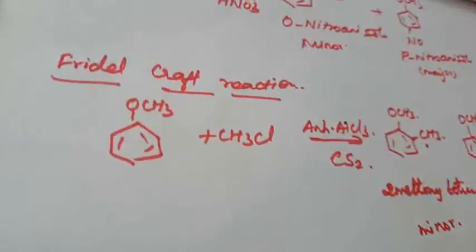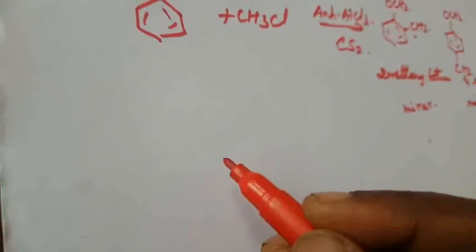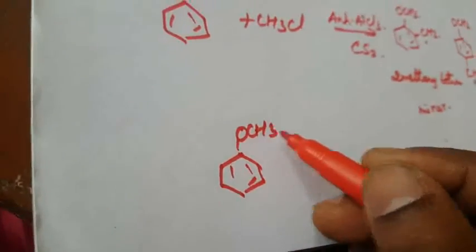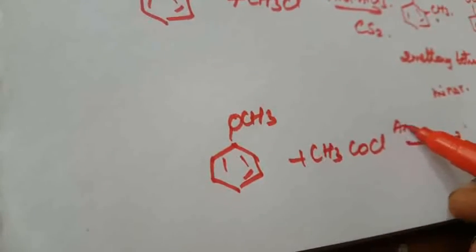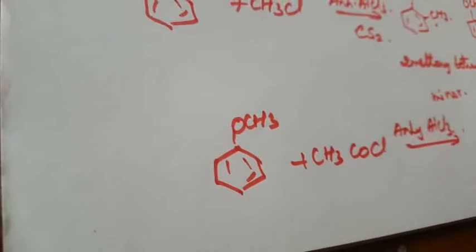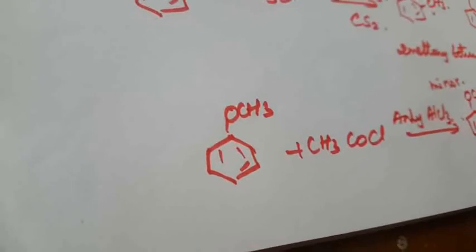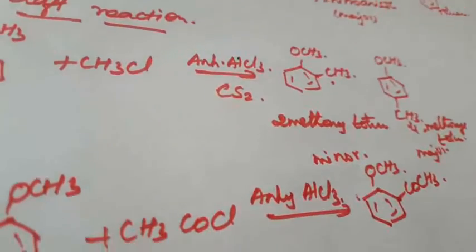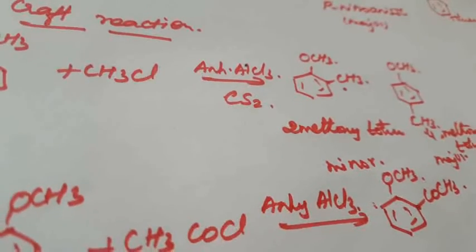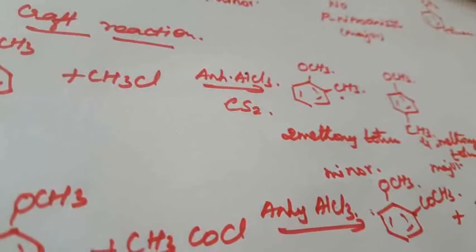The same compound, in the Friedel-Crafts reaction, anisole with acetyl chloride, OCH3 with CH3COCl in the presence of anhydrous aluminium chloride, forms OCH3 with COCH3, ortho and para acetophenone.